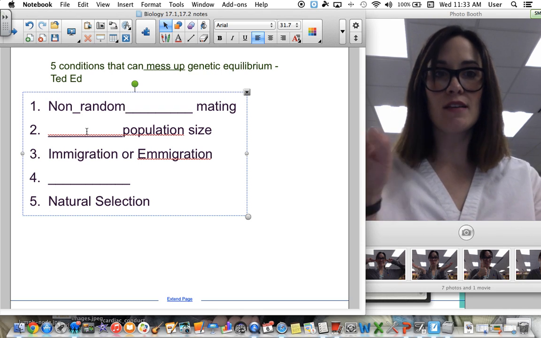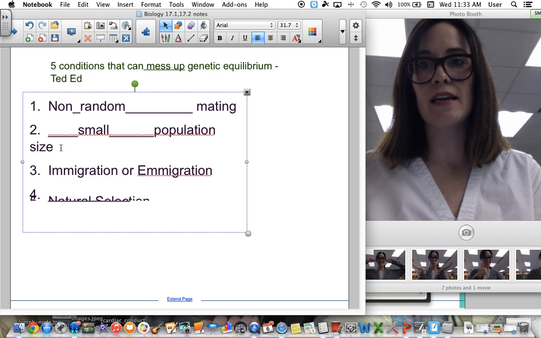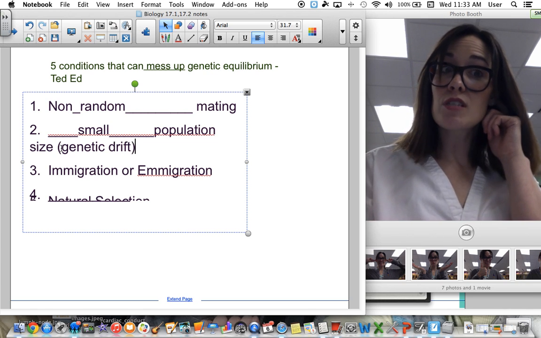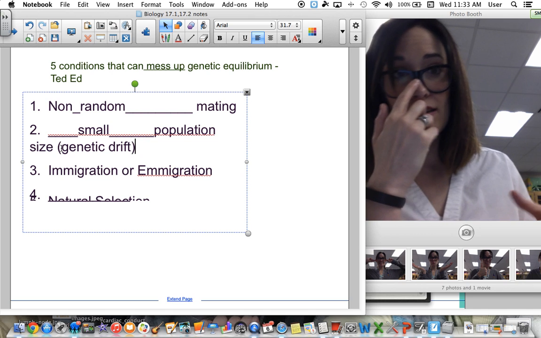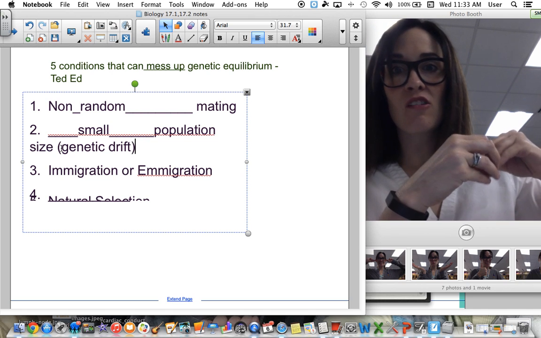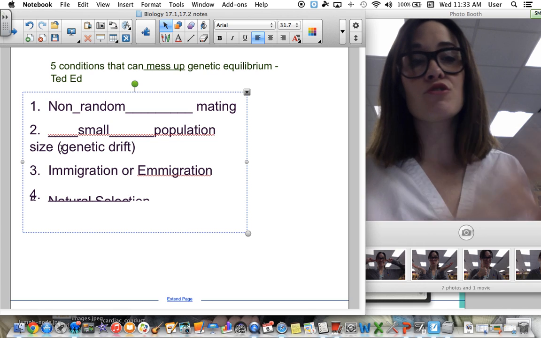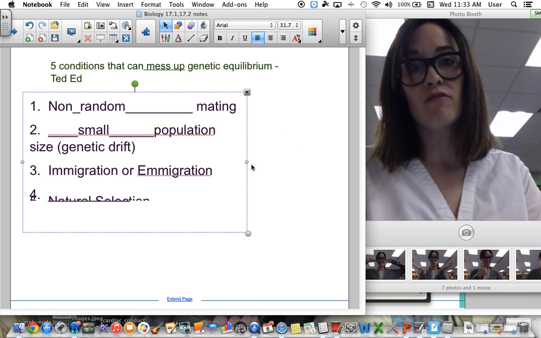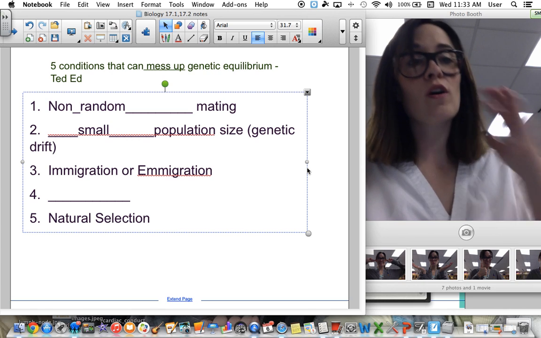Another thing that can mess up that equilibrium is a small population size, genetic drift. If you have a small population size with big swings in people coming in or people going out, that can change the population, cause it to evolve relatively quickly and easily.